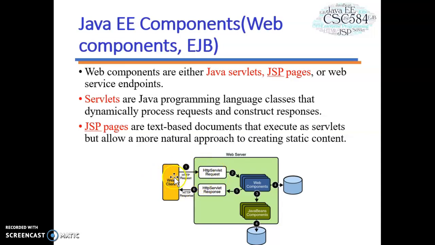Both can be used in web components. We also have JavaBeans components that interact directly with the database. So this is in the web server and this is the web client.